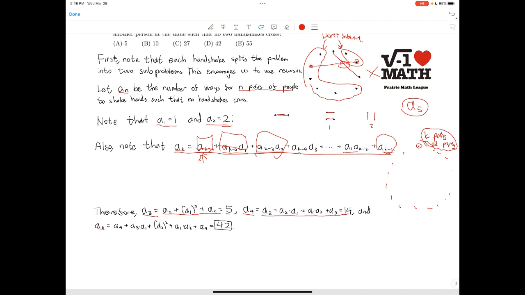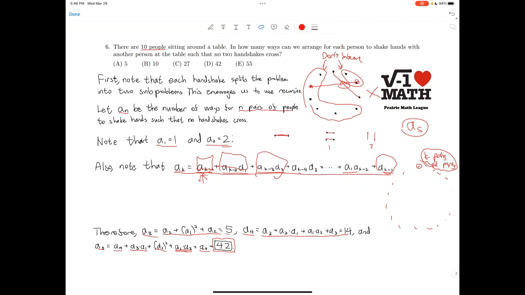And a sub 5 is 14 plus 5 times 1 plus 2 squared, which is 4, and then another 5 times 1, which is another 5, and then another 14, which totals out to 42. So the answer is D.